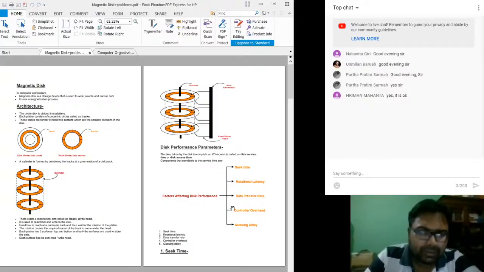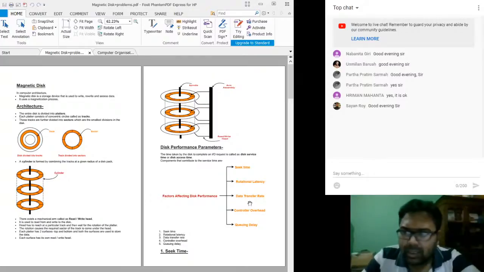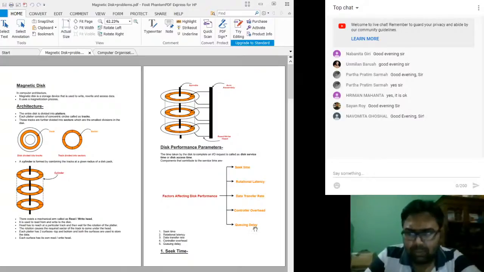Now, factors affecting disk performance we have seen. The time taken by the disk to complete the IO request is called disk service time or disk access time. So there are five parameters basically. The three parameters on top are generally used: seek time, rotational latency, and data transfer rate. But for competitive exams you might also get controller overhead and queuing delay.